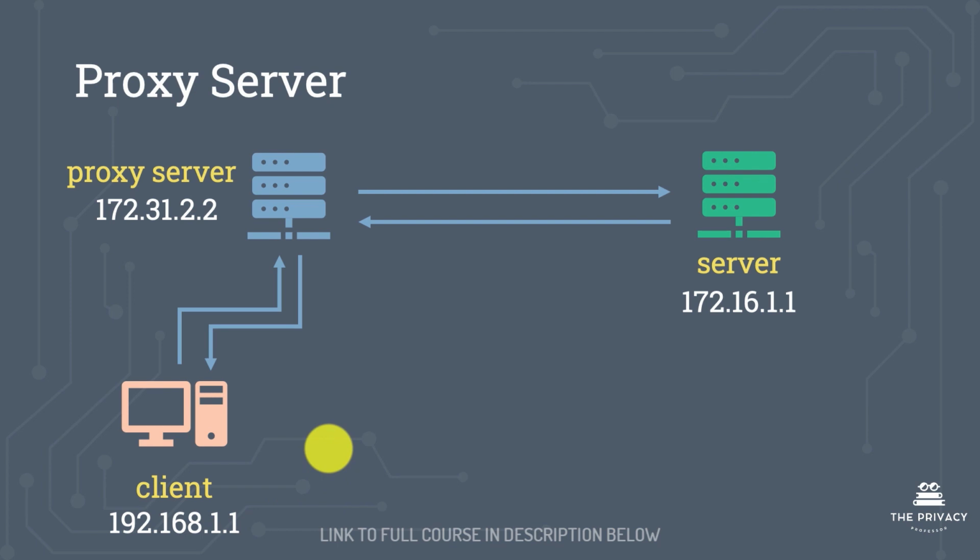Now, in this visual, we're showing what a proxy server is. We have a similar relationship between the client and a server. The client wants to get data from the server. The server wants to serve the client that data. But in this case, we have a proxy server that is acting as a filter. There are different types of proxy servers.